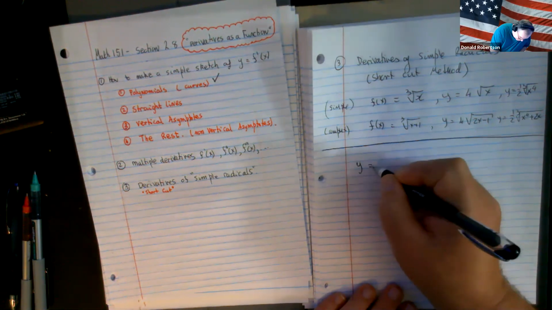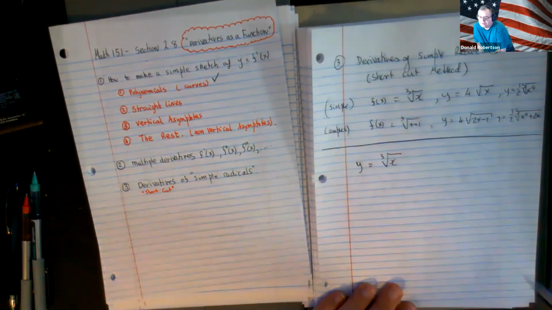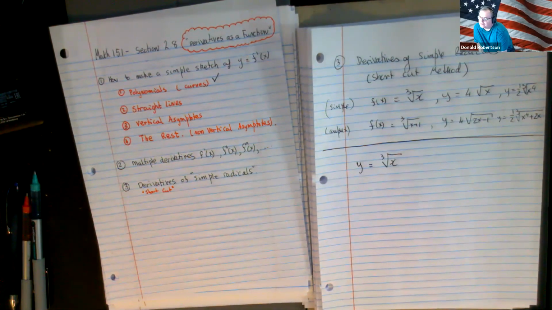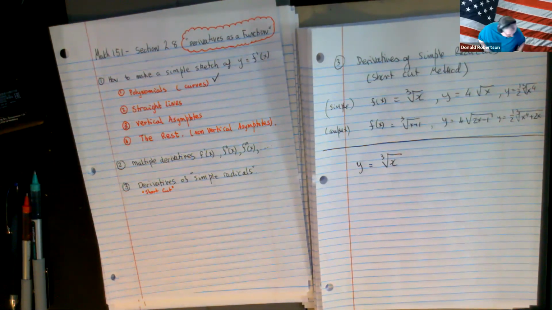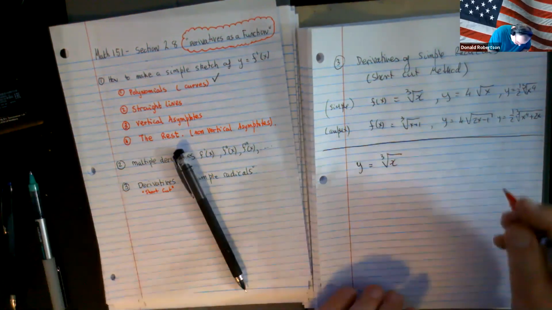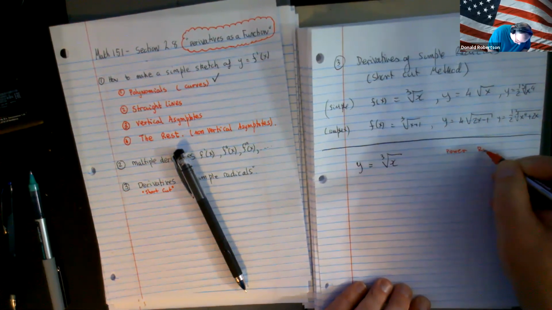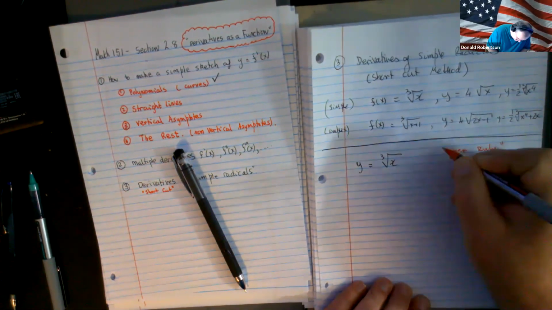So let's look at finding a derivative of a cube root function, right? A nice simple radical. I'm going to write down in English the shortcut method called the power rule.